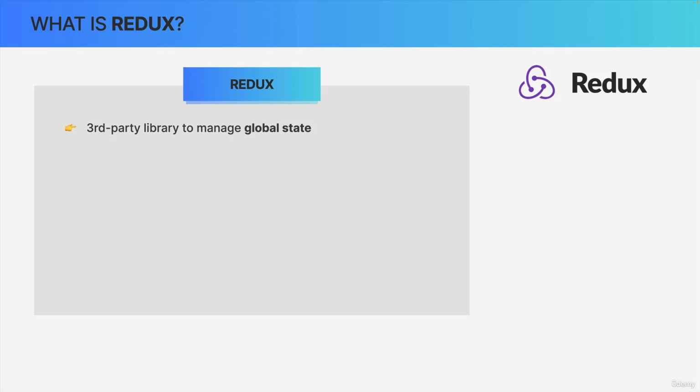And I say web application because Redux is actually a complete standalone library that we could use with any framework or even vanilla JavaScript. However, Redux has always been tightly linked to React, and they are actually quite easy to connect using the React Redux library, as we will do throughout this section.